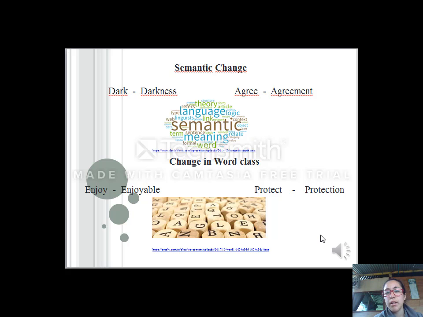And the other can be agree and agreement. And the last, finally, we can find change in word class. Example: enjoy, enjoyable, protect, protection.